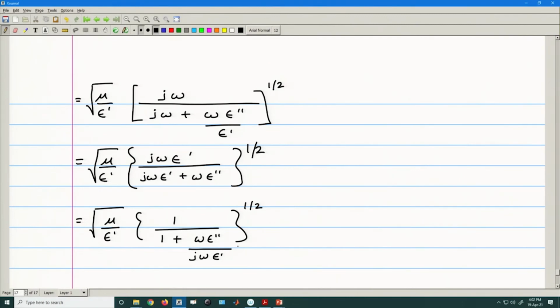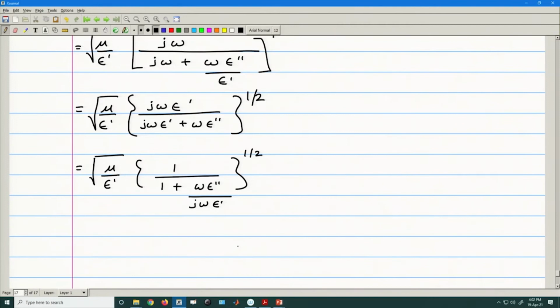So next we can write this as mu upon epsilon prime times 1 upon 1 plus 1 by j q, to the power half. So this is root under mu upon epsilon prime, 1 by 1 plus 1 by j q, to the power half.